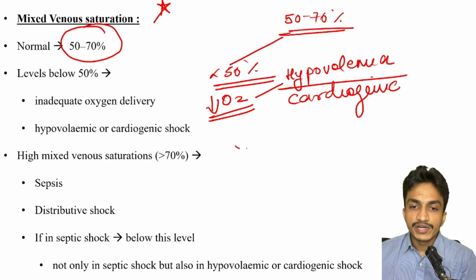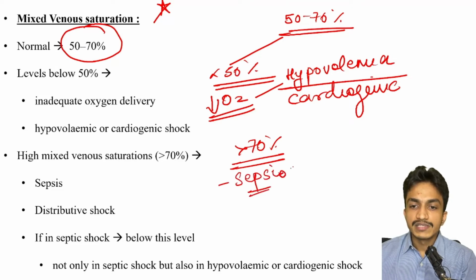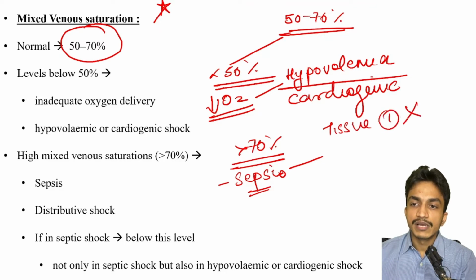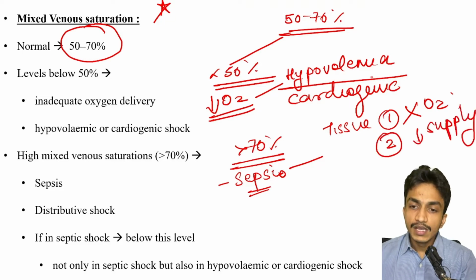If it goes above 70%, that is seen in sepsis. In sepsis, first, the tissues are not able to utilize the O2 which is supplied, and secondly, there is reduction in the supply because of the septic shock. It is also seen in patients having distributive shock.